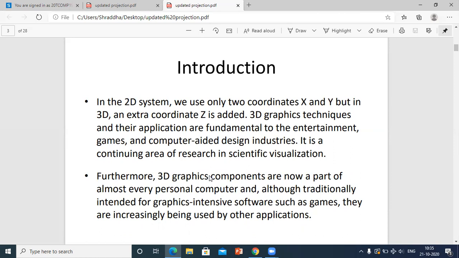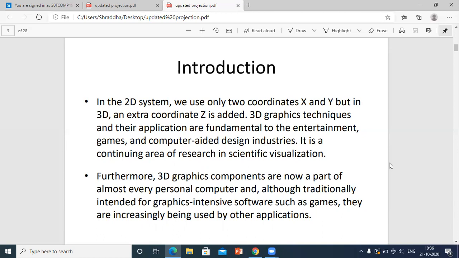Further, 3D graphics components are now a part of almost every personal computer, although traditionally intended for graphics-intensive software. Now we can see that almost every personal computer in your home has a 3D technique, or is equipped with full-fledged 3D computer graphics components.